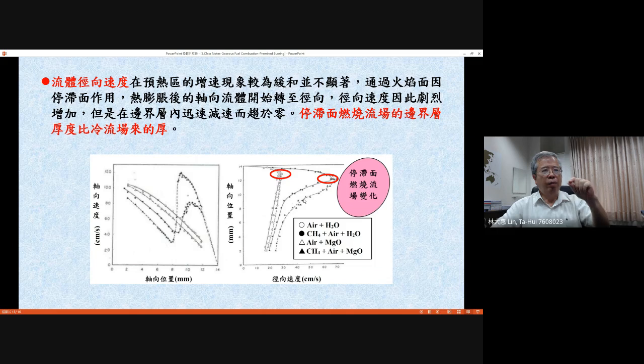The change of the radial velocity when passing through the premixed flame does not change too much. Simply think about it: for a given flame, the velocity change along the normal direction is big, but along the tangential direction, this tangential velocity almost remains constant when you pass through the premixed flame.